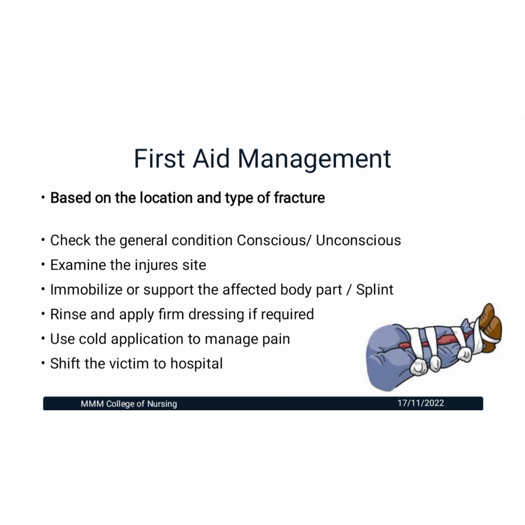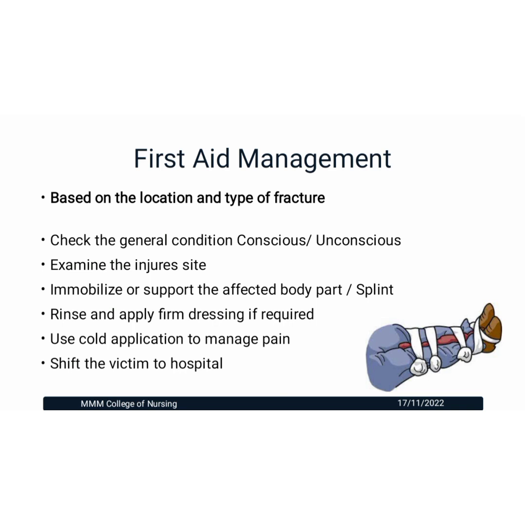The first aid management for fracture is decided based on the location and type of the fracture. In general, whenever there is a fracture, check the general condition of the patient, like consciousness and breathing. Examine the injury site for any obvious bleeding and related complications.